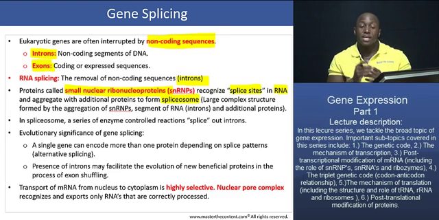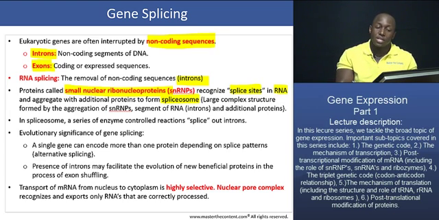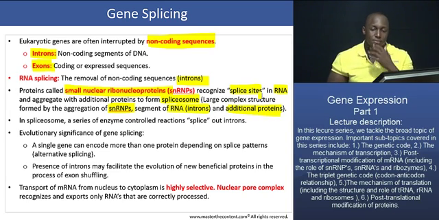A spliceosome is a large complex structure formed by the aggregation of small nuclear ribonucleoproteins, the actual segment of RNA to be processed, the intron, as well as other additional proteins such as ribozymes and small nuclear RNA, all of which are involved in the process.